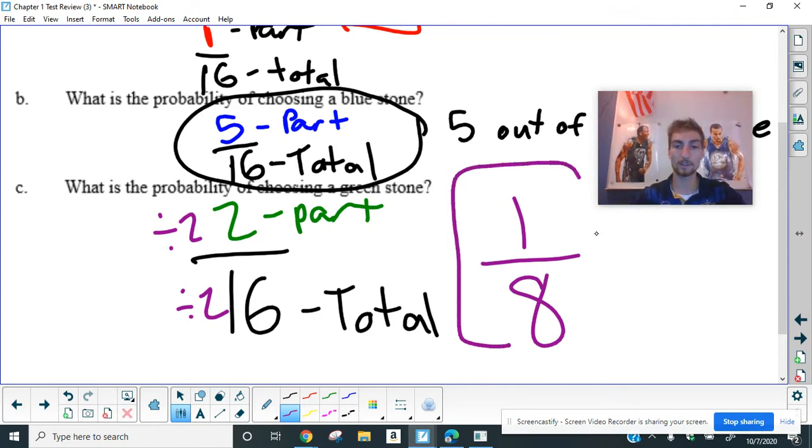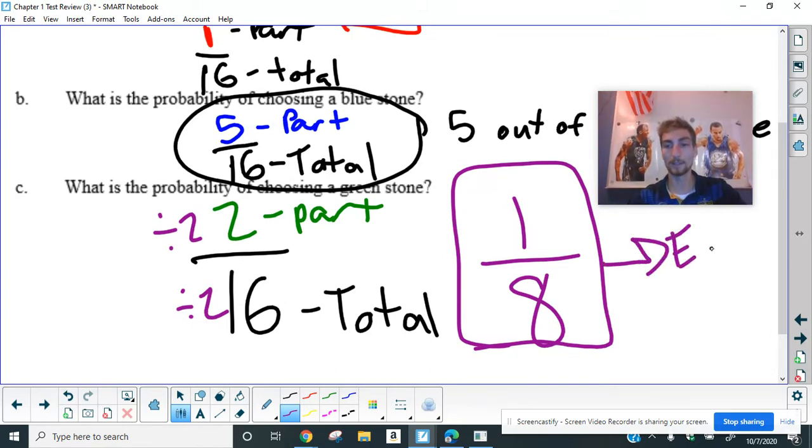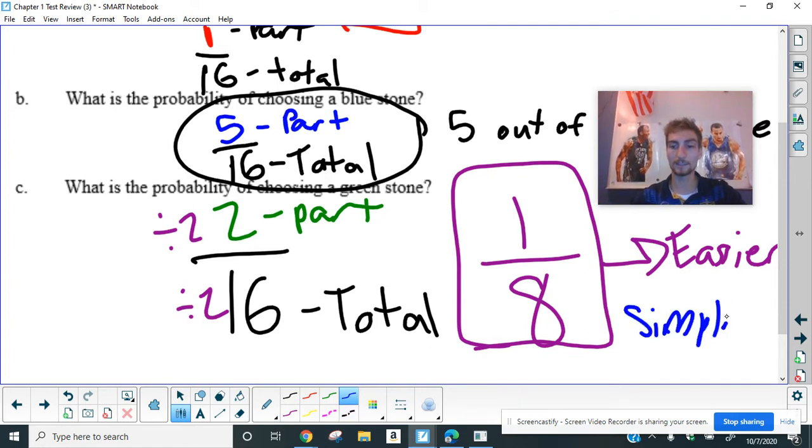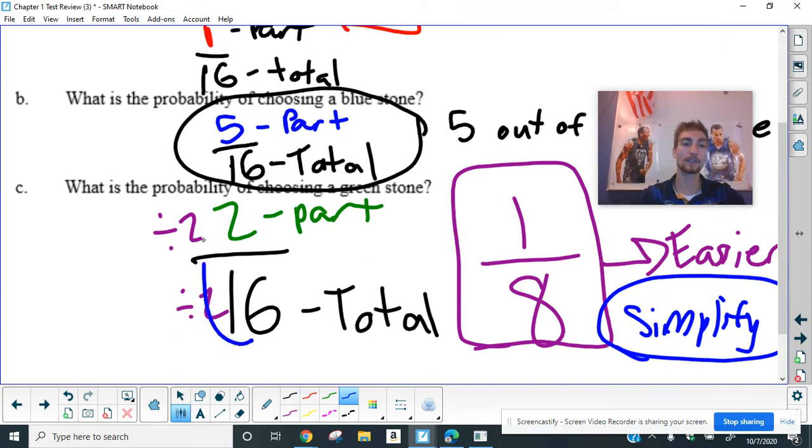This is what we would call a simplified fraction. Just an easier way to work with the probability. All right, we are looking for all of your answers in this simplified form. So simplify, simplify, simplify. I cannot stress it enough. Always check to see if there's a number that you can divide your numerator and denominator by.